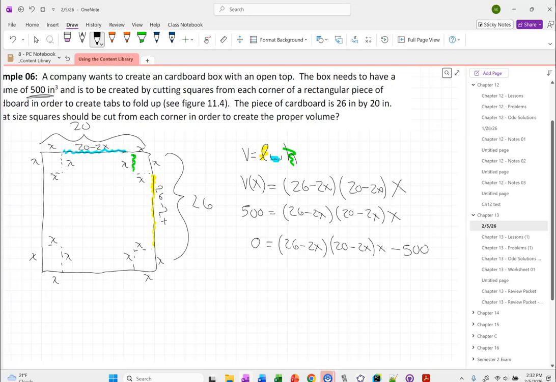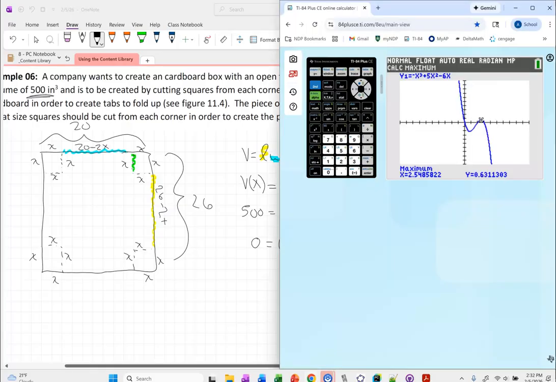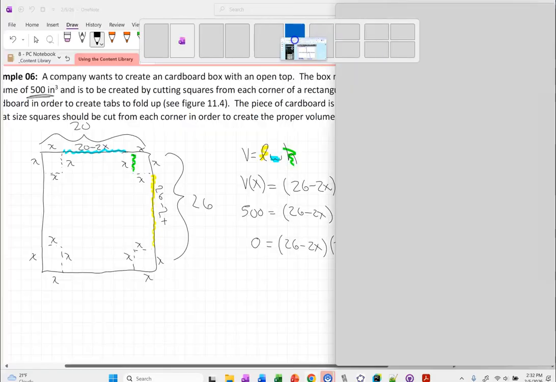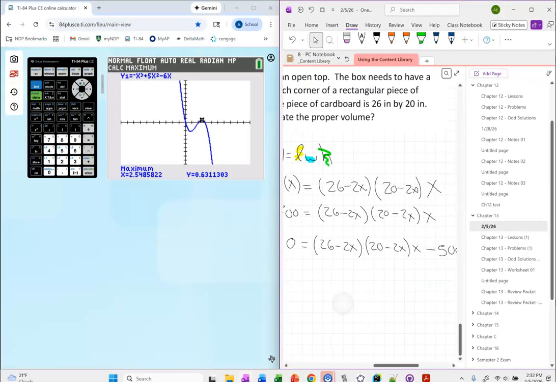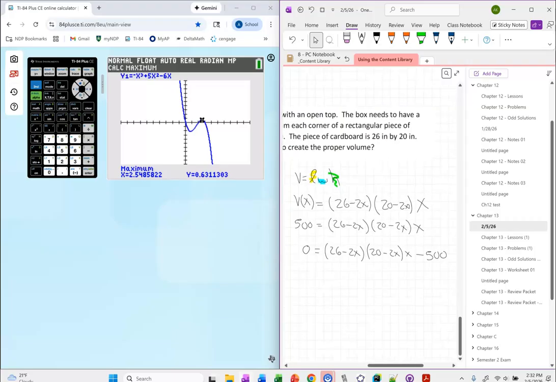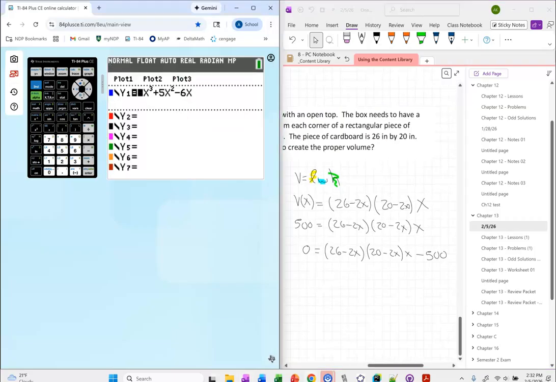So on my calculator, I'm just going to graph this function, come back over here, and then use the 0 command. So I'm going to have 26 minus 2x, and then 20 minus 2x, and then x, and then minus 500. Is everybody okay with how I set that up?